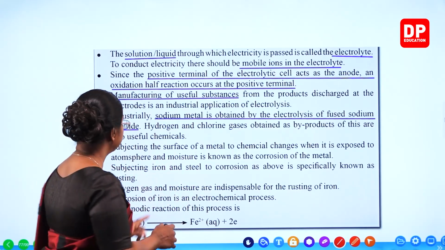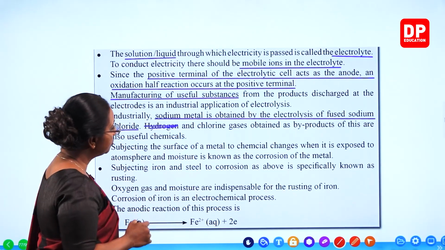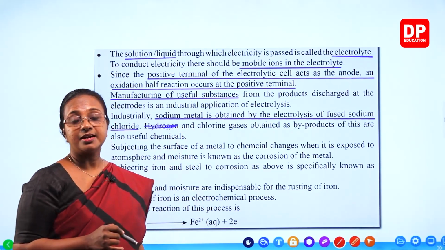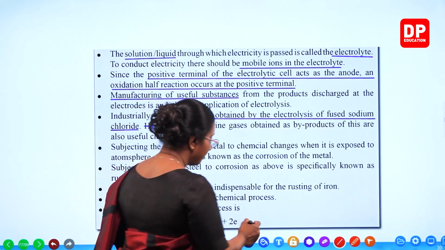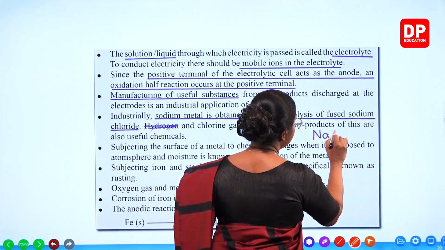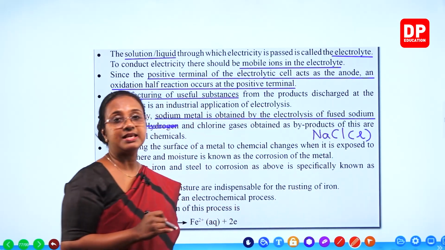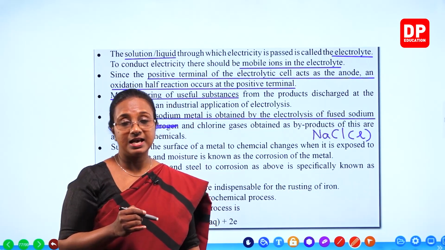Here, students, there is a mistake. There is no hydrogen produced during extraction of sodium, because you all can remember we use NaCl liquid. So there is only Na+ ions and Cl- ions.